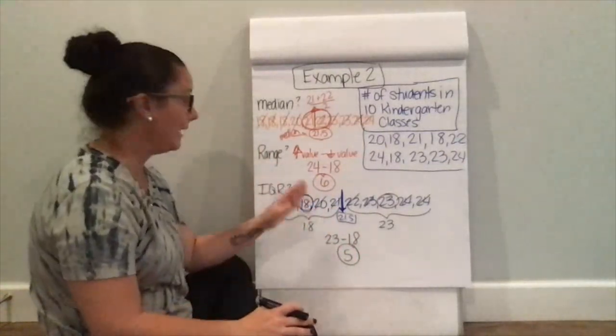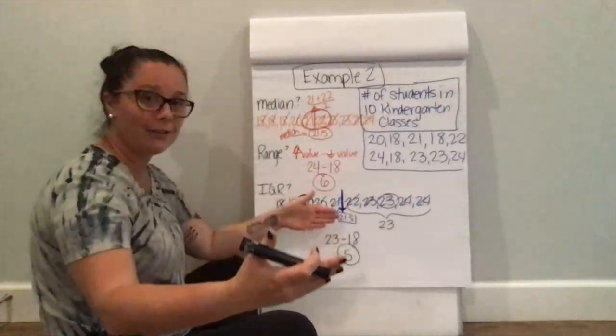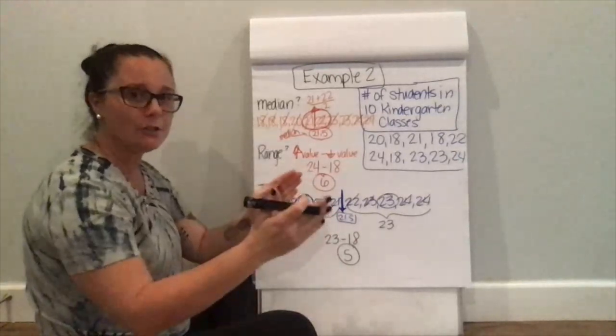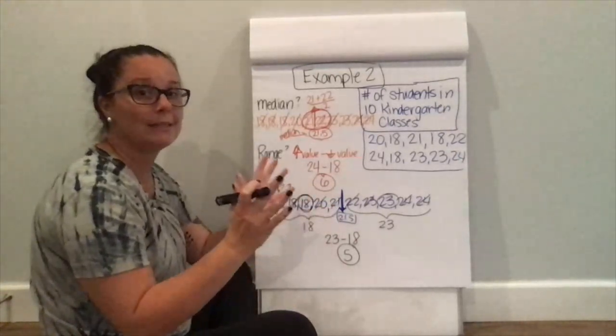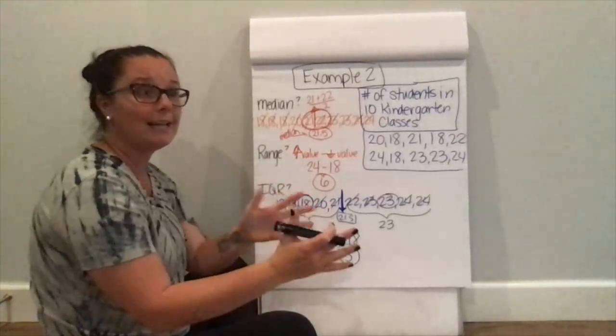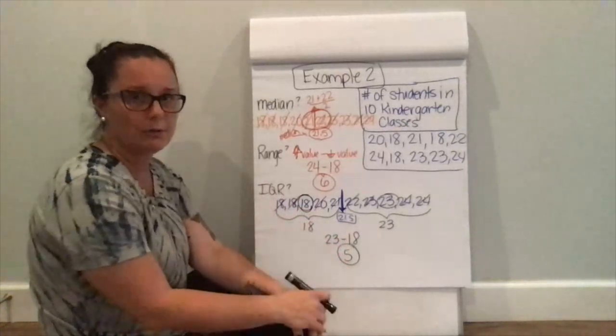If I do the range, I'm including that 100 all the way down to the lowest value, or the lowest quiz score. If I just do my interquartile range, that's going to tell me what the center 50% of my students did. Which is going to give me a good range of variability to see where most of my students fell.